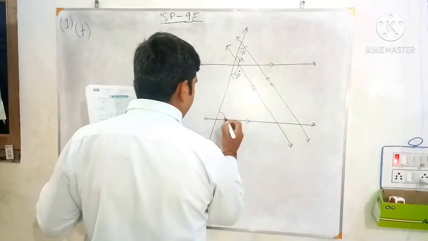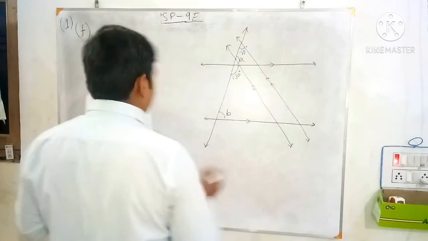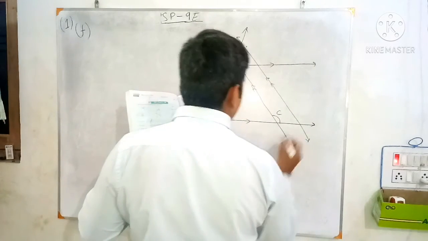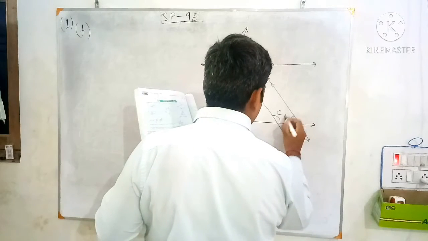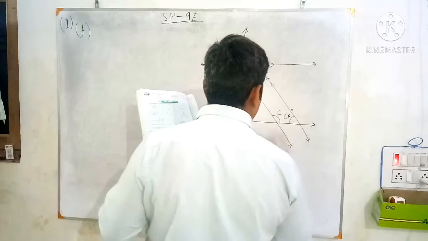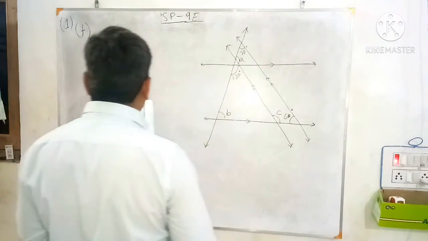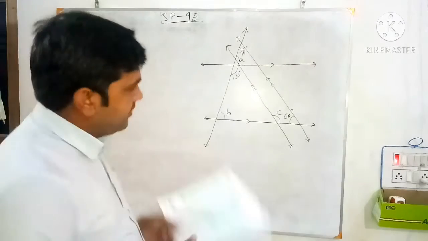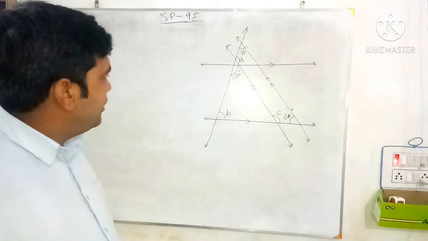And this angle is given B. And this angle is given C. And this angle is given 60 degree. This angle is also given 60 degree. So all these are the angles. Now we have to find these unknown angles. Now see how we find.